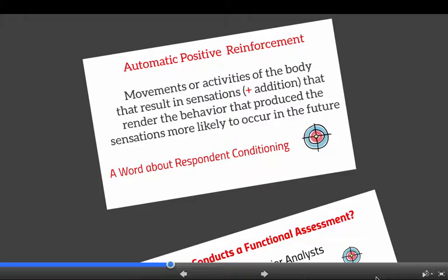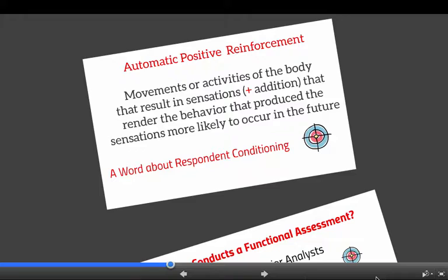This comes as a result of the person being in control of the behavior themselves. And it results in an escalation in behavior when a person engages in something, and the consequences are automatic, and the consequences may indeed be reinforcing to the individual.